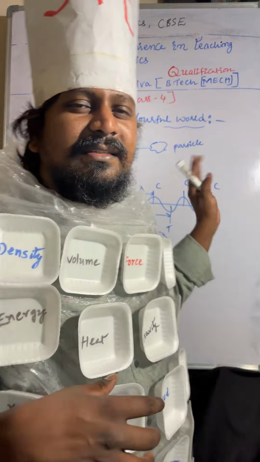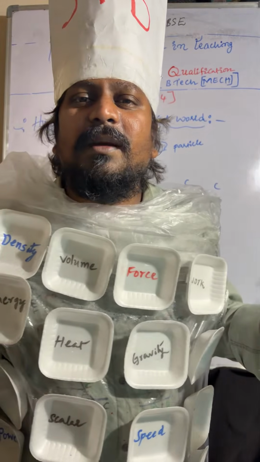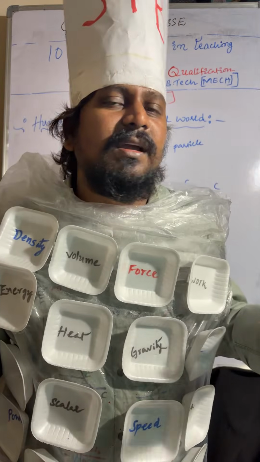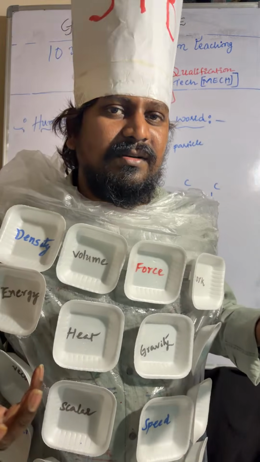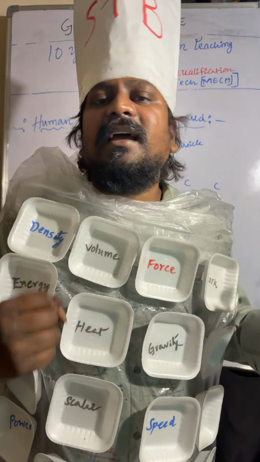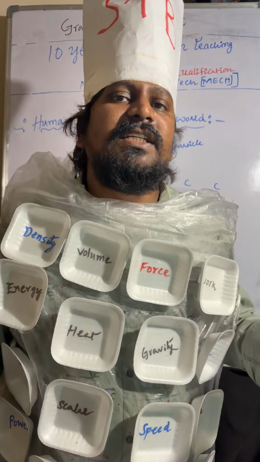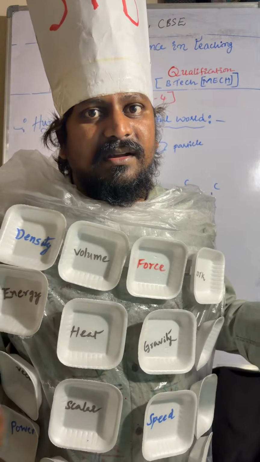So after the light is incident, if the wavelength is comparable to the size of the particle, approximately equal or less than that, then the particle will absorb the light and re-emit in all directions with different intensity. Understood? That is scattering of light.